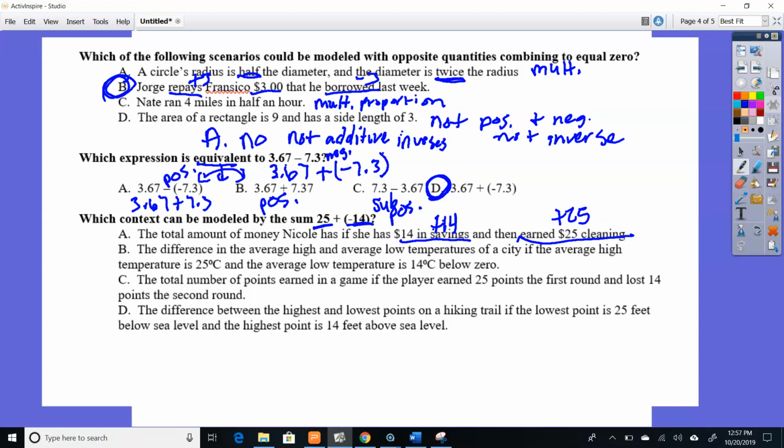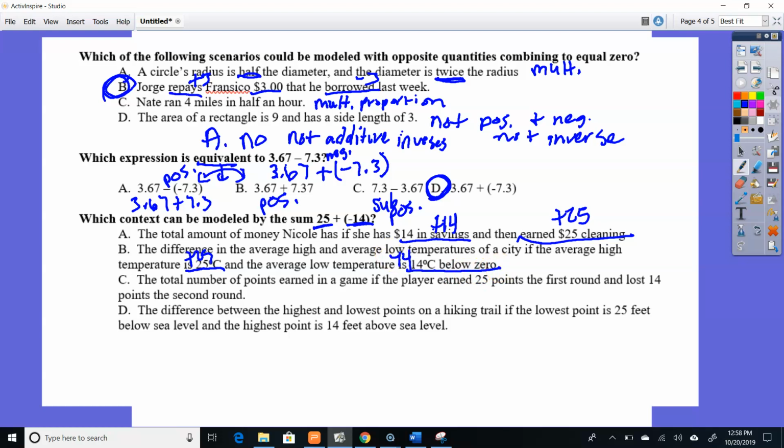B: The difference in the average high and average low temperatures of a city, if the average high is 25, so that's a positive 25, and the average low is 14 below 0, so that's negative 14.